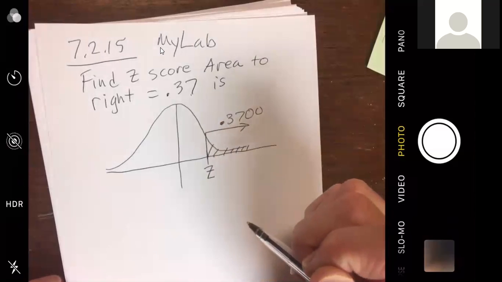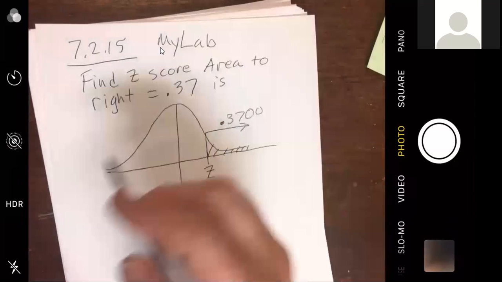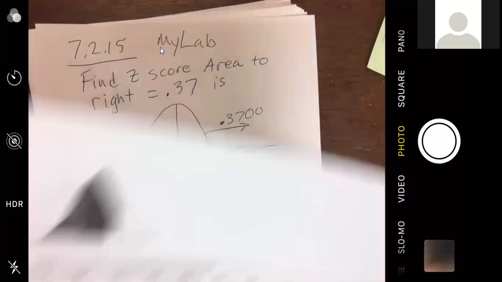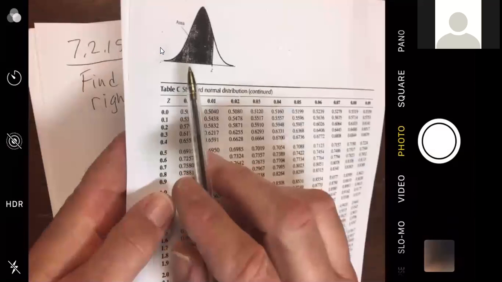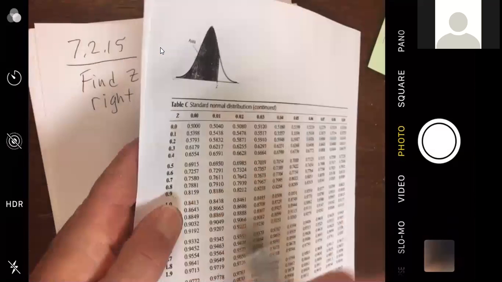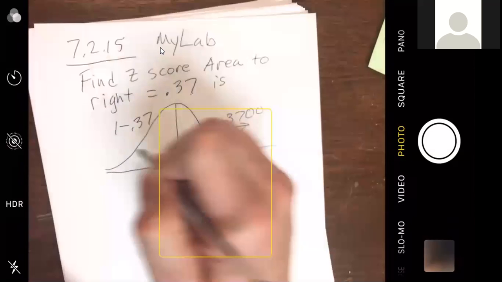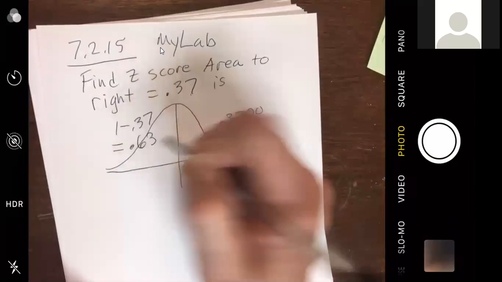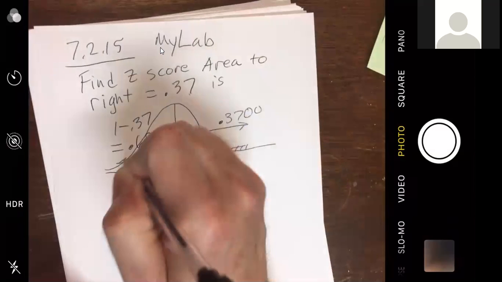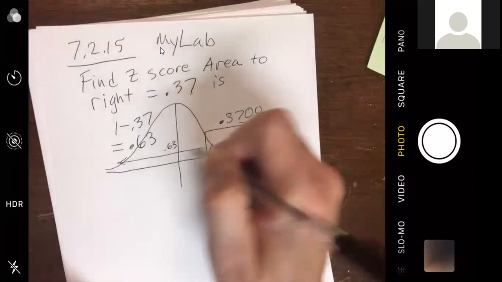Okay. See, the table works in the black. So we've got to go 1 minus 0.37. I think you'll find that's 0.63 this way.